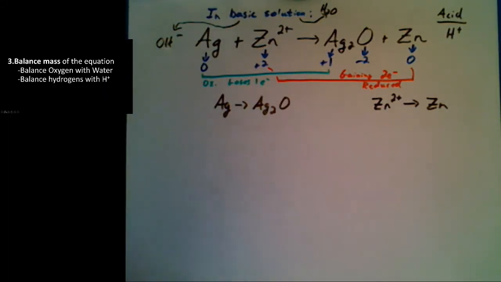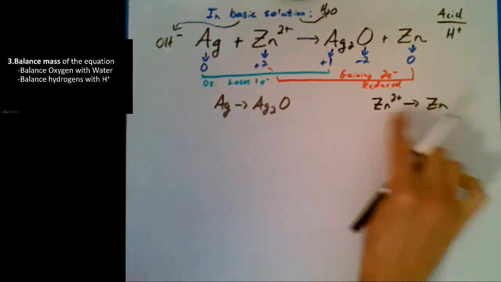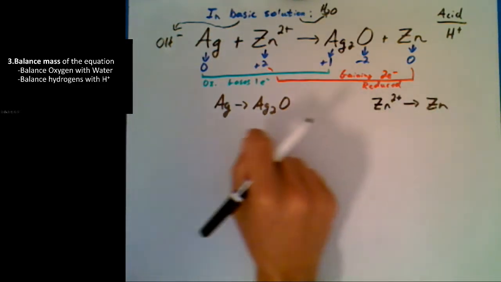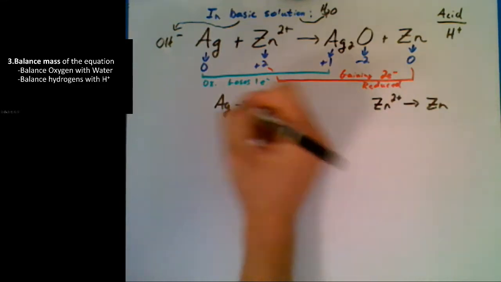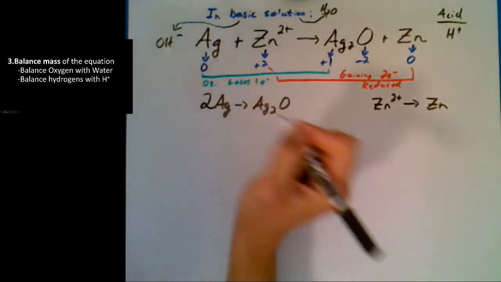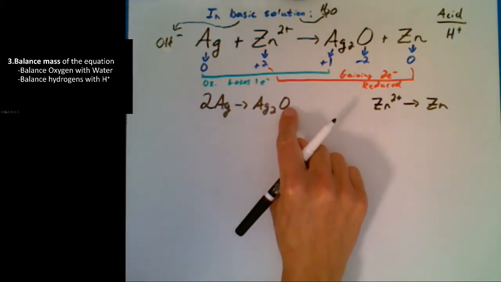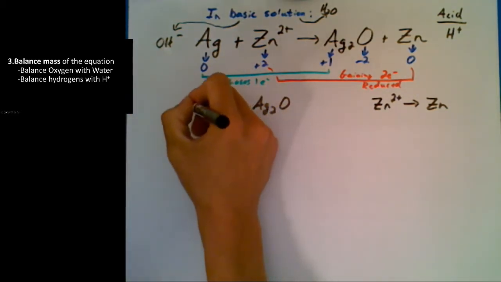Step 3, same as before, balance mass. So 1 Zn, 1 in Zn, no oxygens, no hydrogens, balanced. 1 Ag, 2 Ags. We need a 2 there to balance that. 1 O, no O's. So we need to balance O's by adding water.